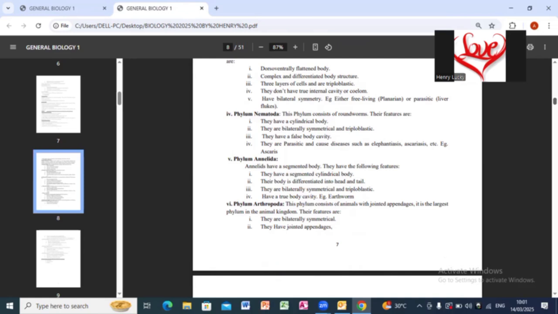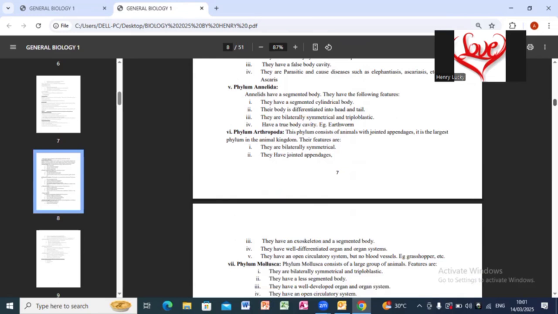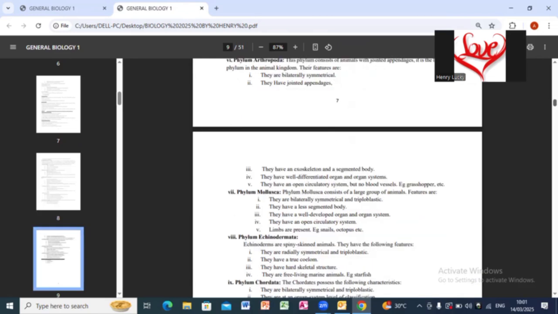Then the phylum Arthropoda consists of animals with joints and appendages. It is the largest phylum in the animal kingdom. They have joints, they are bilaterally symmetrical, and they also have an exoskeleton and a segmented body, and differentiated organs and organ systems. Then the phylum Mollusca are a large group of animals which are bilaterally symmetrical as well.